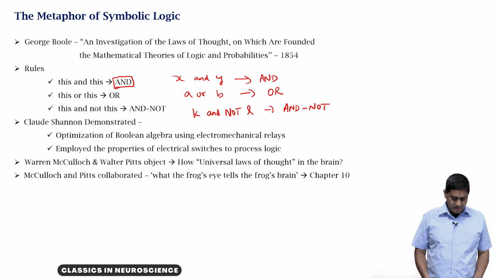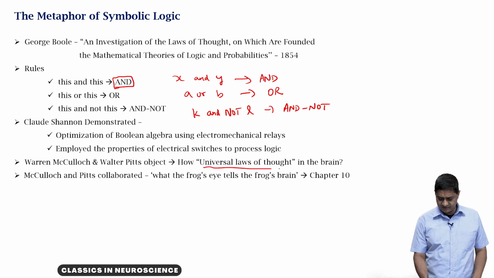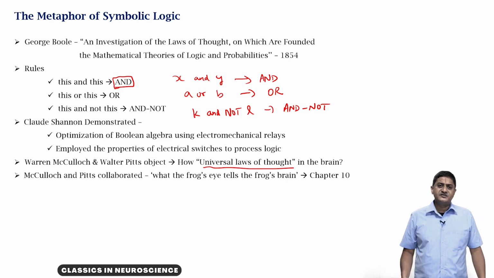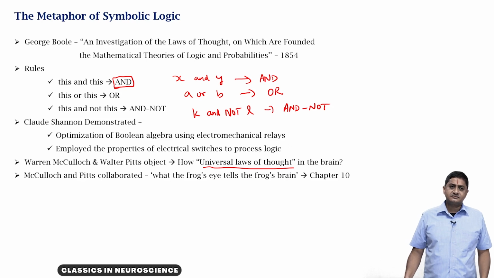Later, Warren McCulloch and Walter Pitts started asking the question of how these universal laws of thought are implemented within the brain. Remember, in week 5 we discussed the visual system, where we discussed the collaboration of McCulloch and Pitts on what the frog's eye tells the frog's brain.